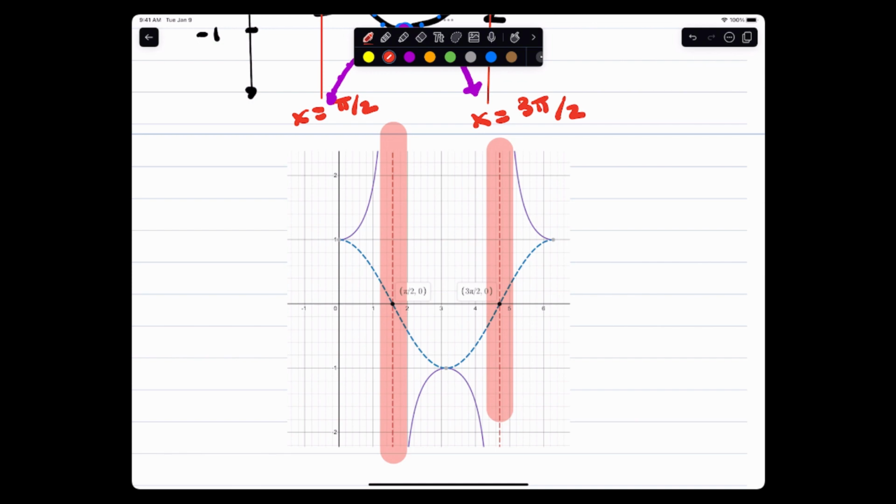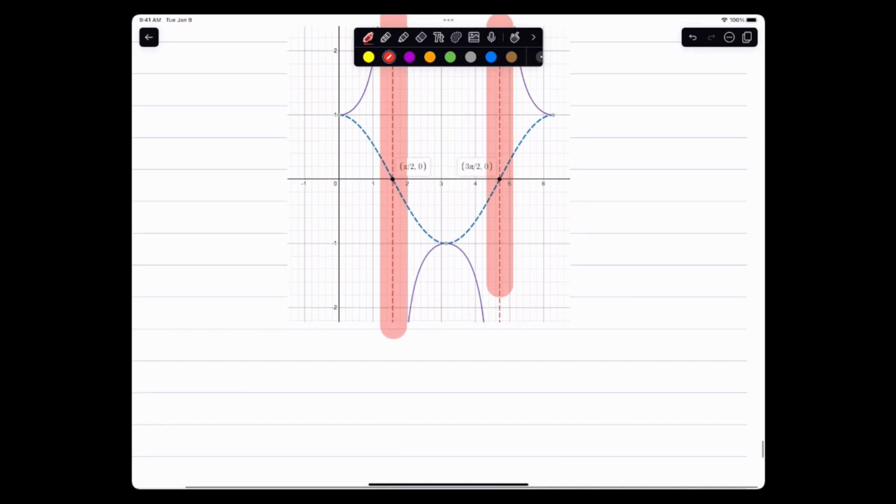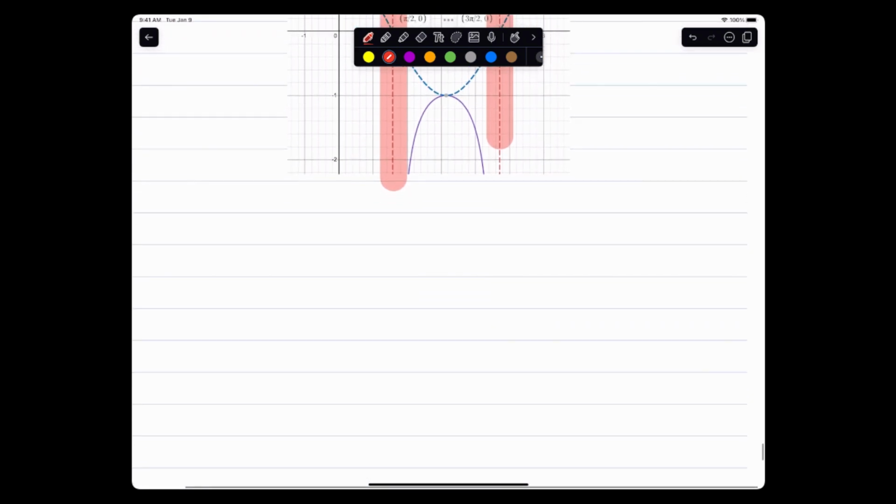Like I said, when I go to graphing the reciprocal functions in trig, they can give you something like the following, right?